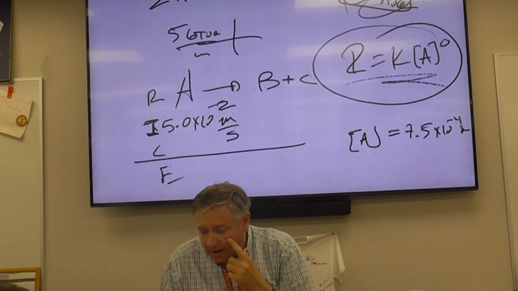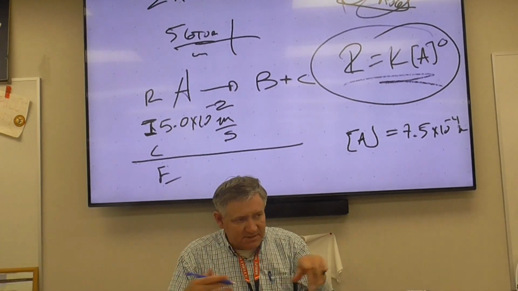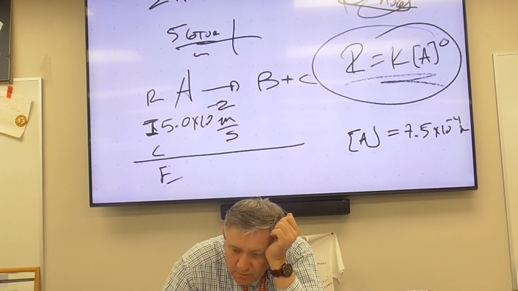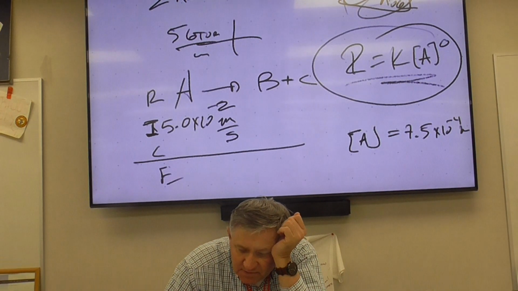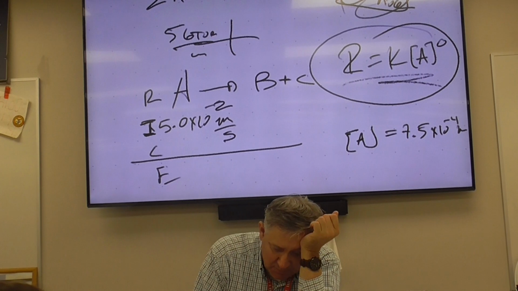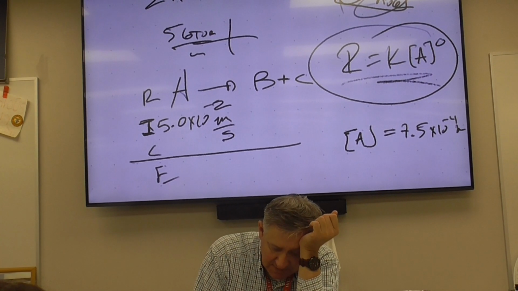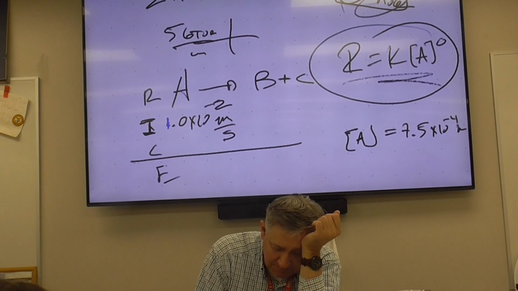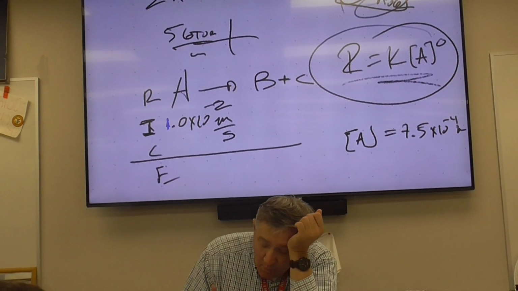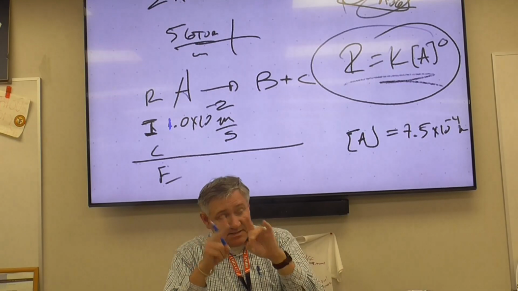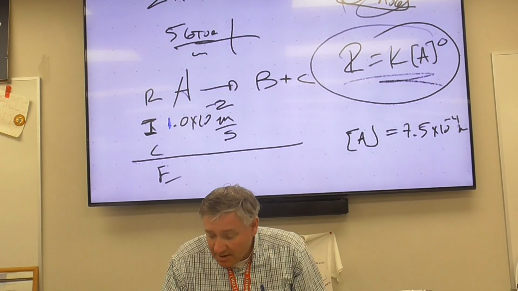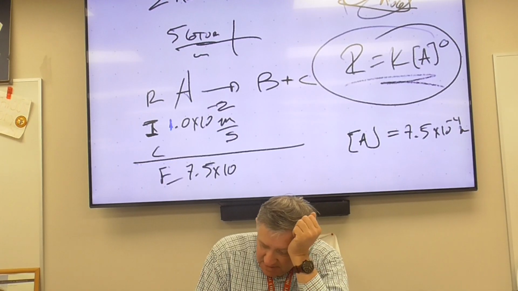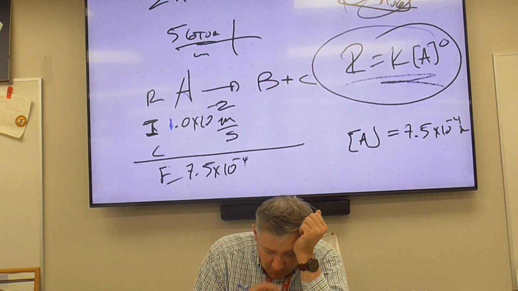Now, here's where this gets a little bit wonky, because on this one, you know that the initial concentration of A is 1.0. It was the half-life that I screwed up. That's 1. So at the end of that amount of time, the concentration of A is 7.5 times 10 to the minus fourth.